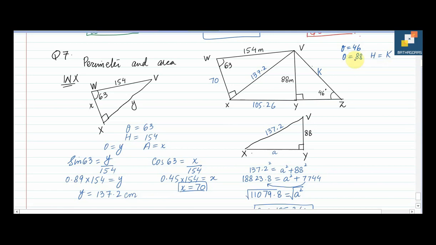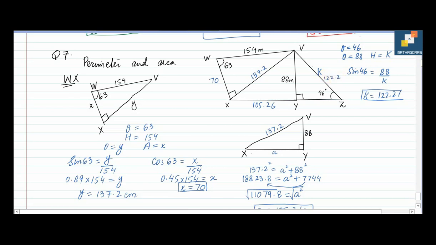So hypotenuse and opposite come in sine, so sine 46 is equal to opposite divided by hypotenuse. Now the value of k, if you simplify it, 88 divided by sine 46 is 122.2. So you got the value of k, it's 122.2.